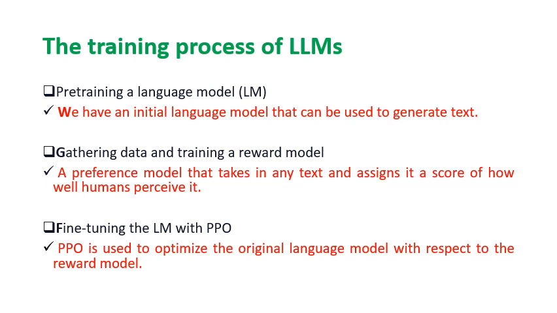The preference model receives a text as input and gives it a score for how good it is. And finally, we fine-tune the language model with proximal policy optimization. PPO is used to optimize the original language model with respect to the reward model.